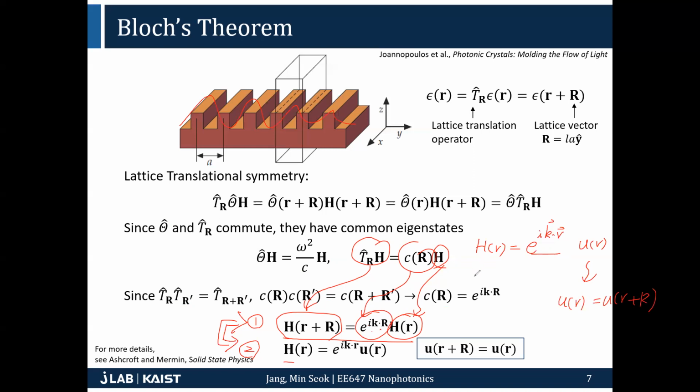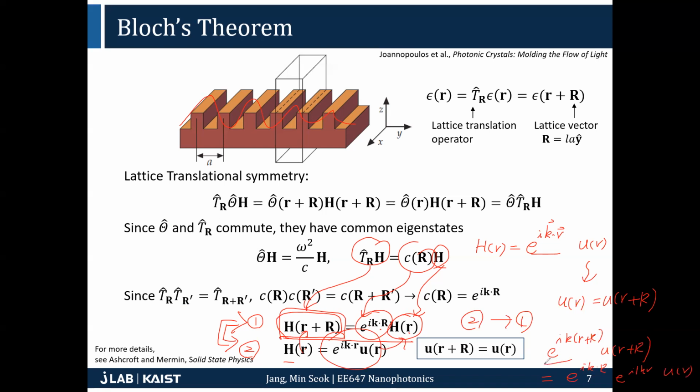Now from 2 to 1 is easy. You can just plug this into this equation, and plug this equation also into this equation. Let's do it for this one: e to the i k dot (r + R) u(r + R), and then if you plug in this equation, it is equal to e to the i k dot R, e to the i k dot r, u(r).